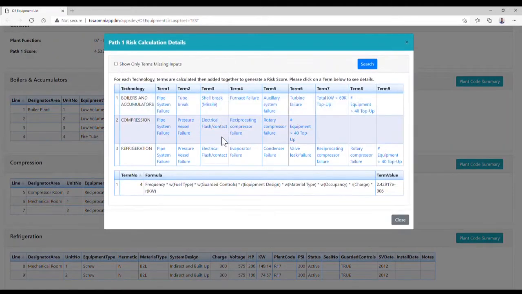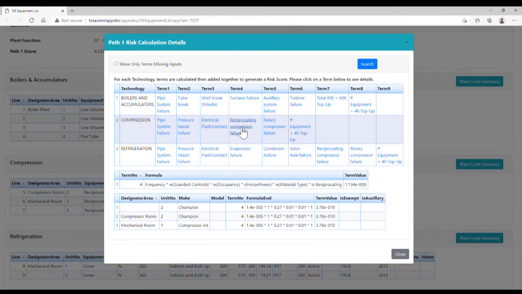So if we look at the compressor failures, now we're going to talk about the reciprocating compressor failure. There are a number of other terms, of course. I'm choosing this because it has the most of the weights. So if you look at table 3, you see that you have the weights for the guarded controls, occupancy, power rating, or horsepower, and working fluid or material type. And this is just a term that reminds us whether it's reciprocating or not.